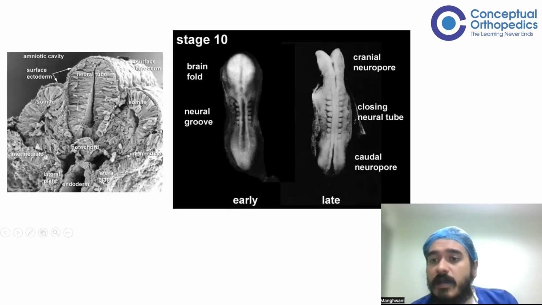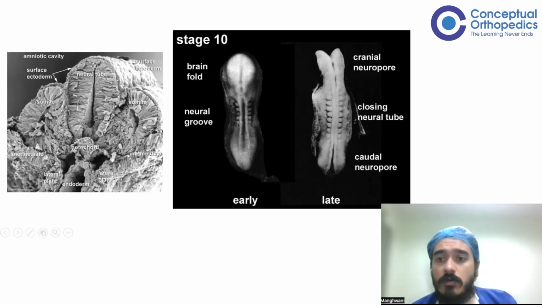Now, there is a cranial neuropore, caudal neuropore, and in between, when it closes, it forms the neural tube. Early in the stages, there is only a brain fold and a neural groove which is present. Over time, as the development happens, the cranial neuropore and the caudal neuropore develop, and the neural tube in between closes.